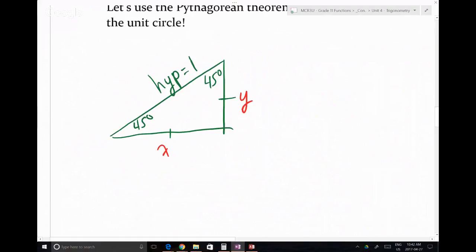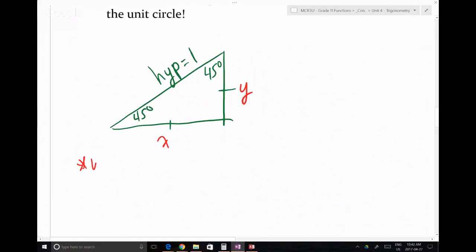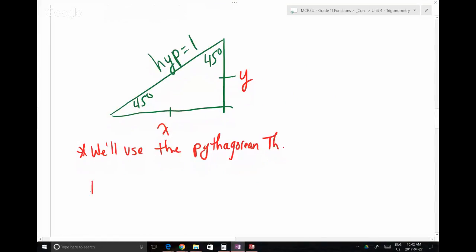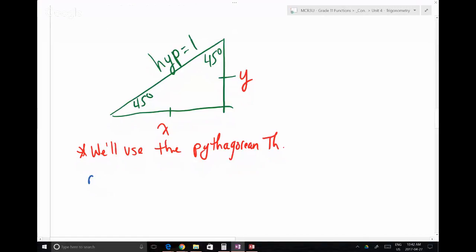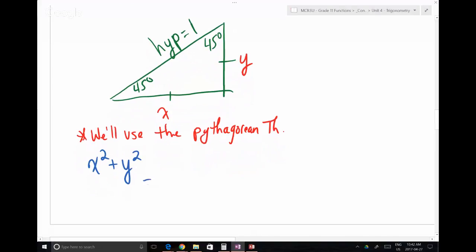So we could say, using the Pythagorean theorem, that this x squared down here plus this y squared up there is equal to 1 squared. Just a simple Pythagorean theorem question.